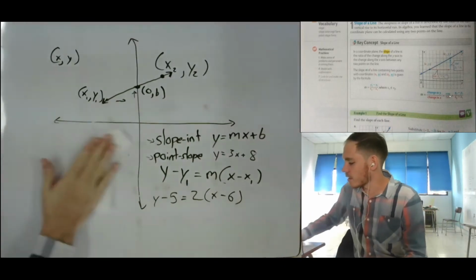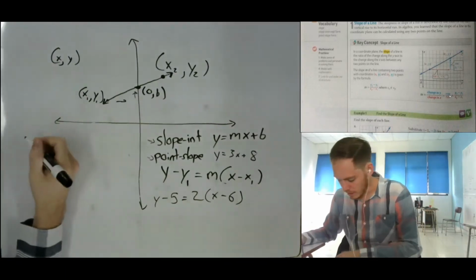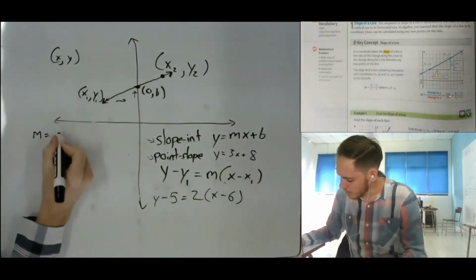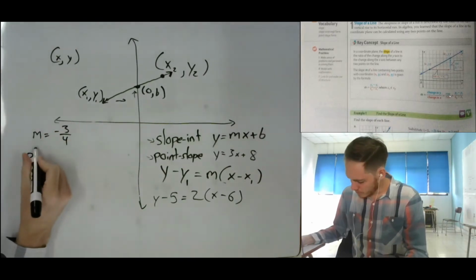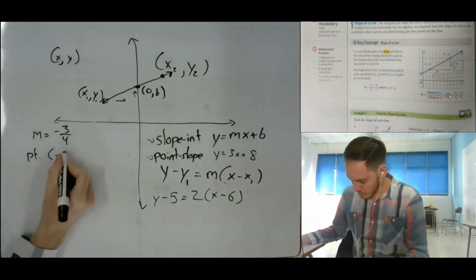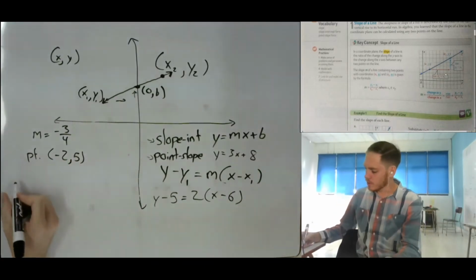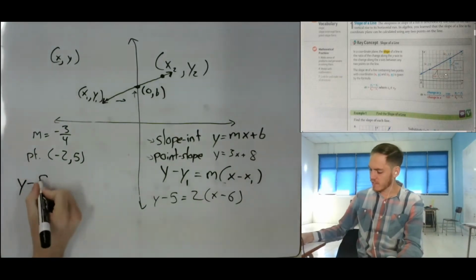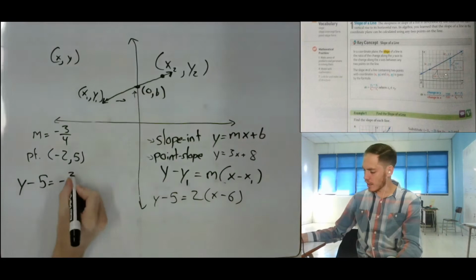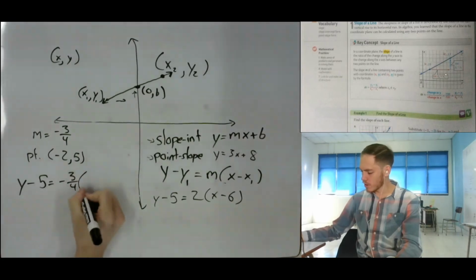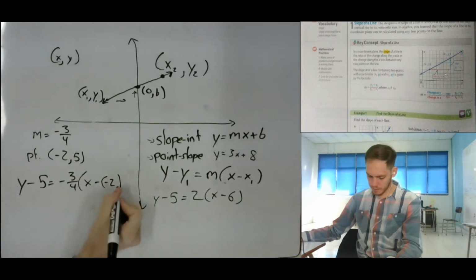Now let's look at some equations. Let's say we're given a slope, negative 3 over 4, and the point is (negative 2, 5). If we find point slope, all we do is y minus 5 equals, and then we plug in m, negative 3 over 4, times (x minus negative 2).